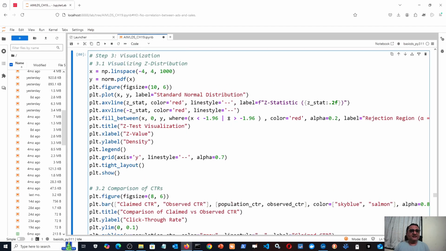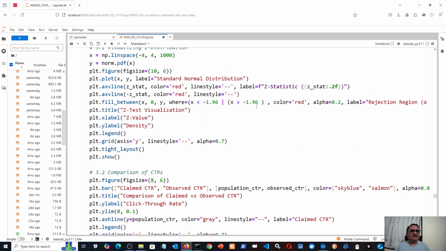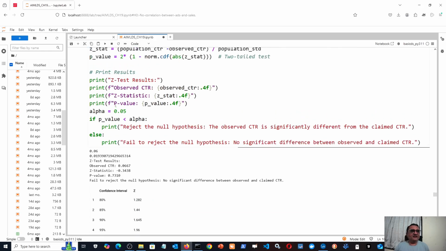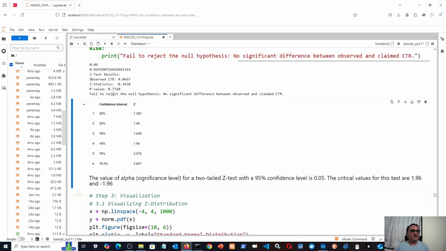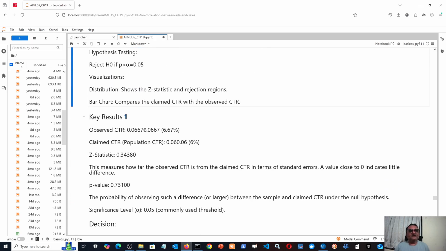I think here this was put in a parenthesis, perhaps. Let me make it like earlier. Okay, so I think it was correct only. This would give Z 0.73, and this would plot two rejection regions, right? Fine. So it is now like old.